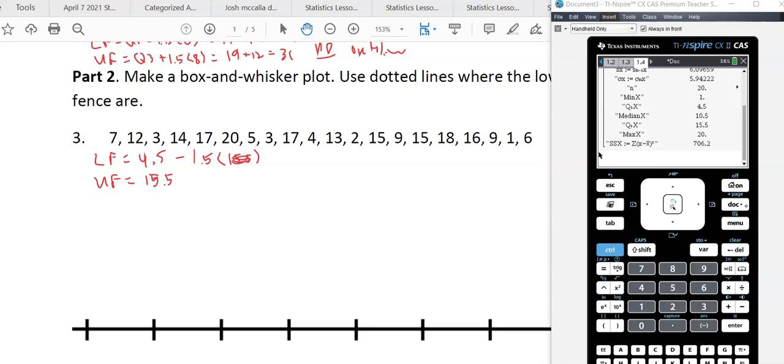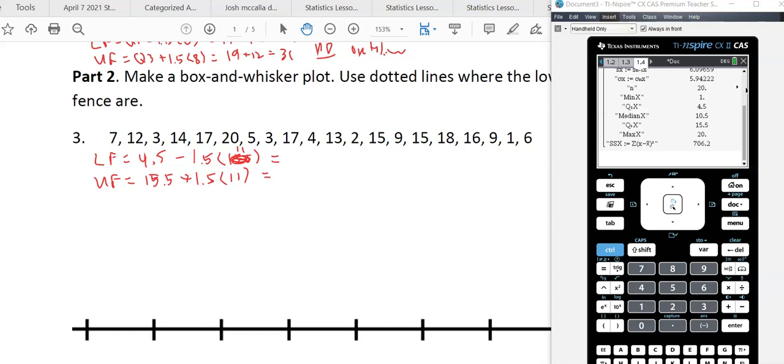Ooh, wait. I think I did the wrong thing. Q3 minus Q1 is 15 minus 4 is 11. So that's 11 right there. Sorry. Plus 1.5 times 11. That's the IQR. Q3 minus Q1.